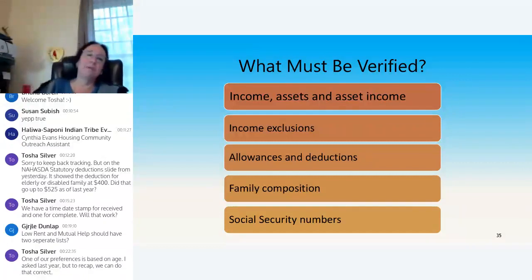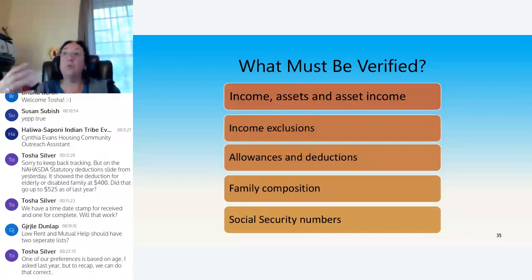You have income exclusions, allowances, and deductions. It's really important, as we went through yesterday, that you follow those statutory deductions. You really can't reduce the amount of the statutory deductions, but you can increase them.